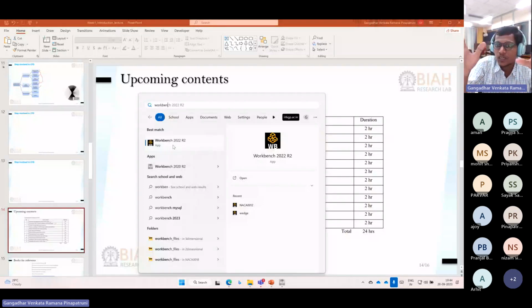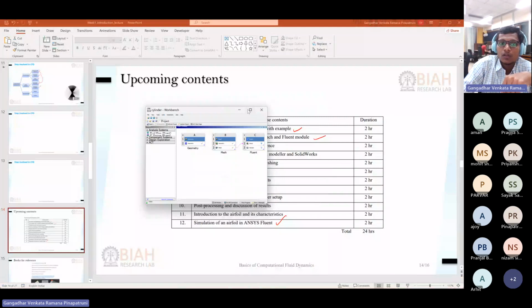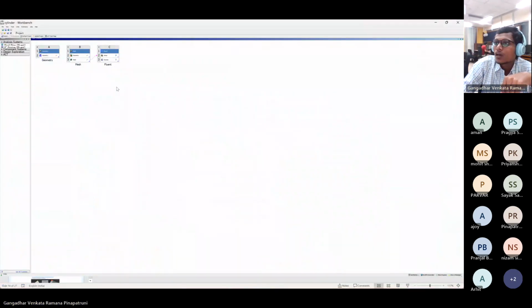Workbench is a kind of setup environment where you will get all the products of ANSYS. Everything is involved in this Workbench. If you open it, you will get the interface of the Workbench. I don't want to go into the details of all the tools available in the Workbench. I hope my screen is all right for you to see.